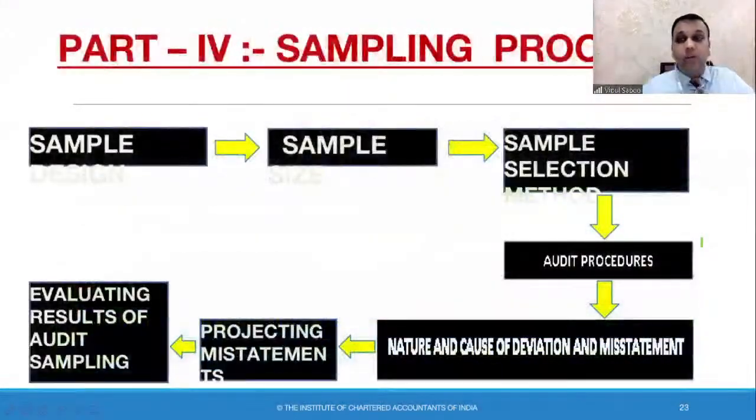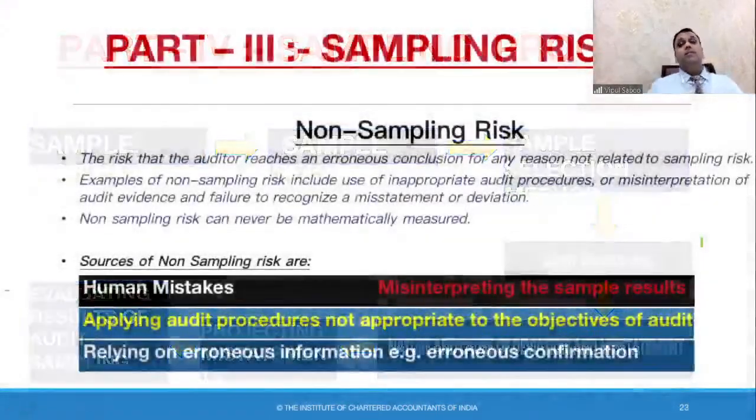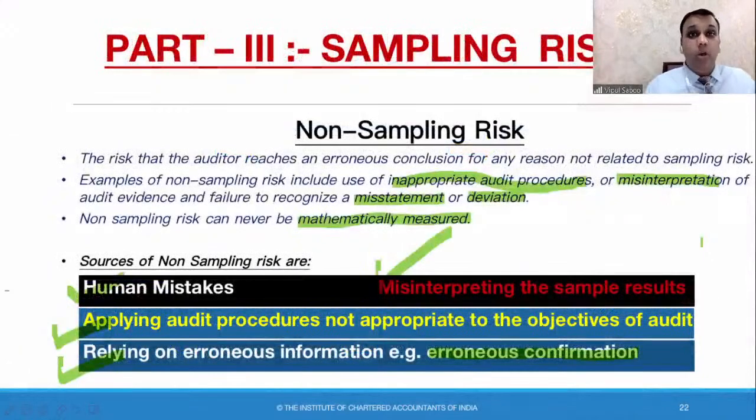So this is what we have covered today: sampling risk, non-sampling risk. We'll finish off for today over here, our first session. We have covered three parts: the general part, the sampling approaches, and the sampling risk today.